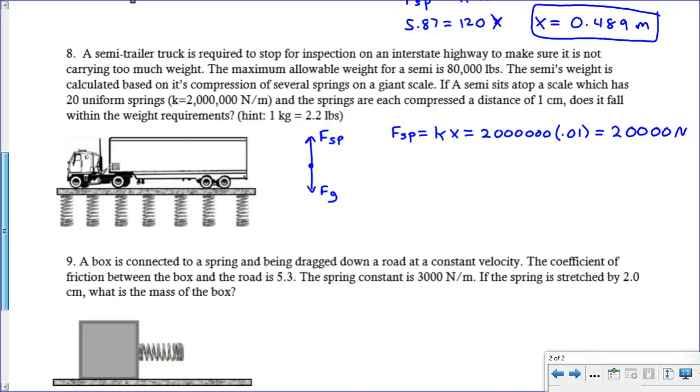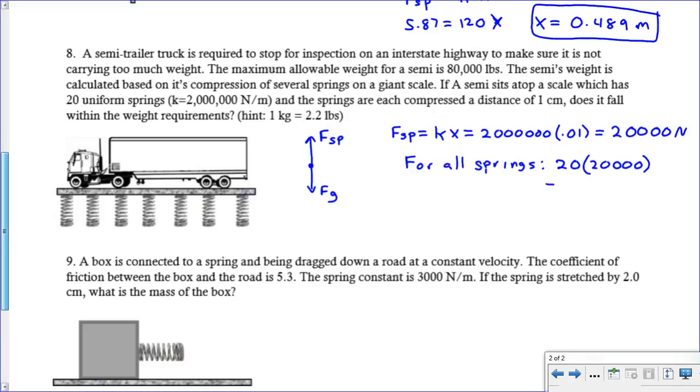Now, that's just for one spring. So for all springs, we need to multiply that by 20, because it said there were 20 springs here. Each of them has a 20,000 Newton force on it.